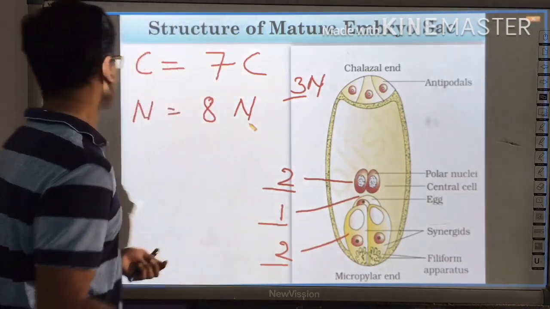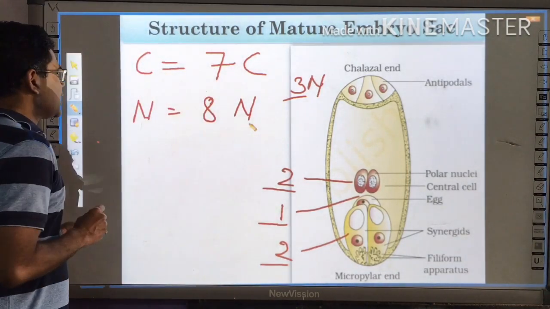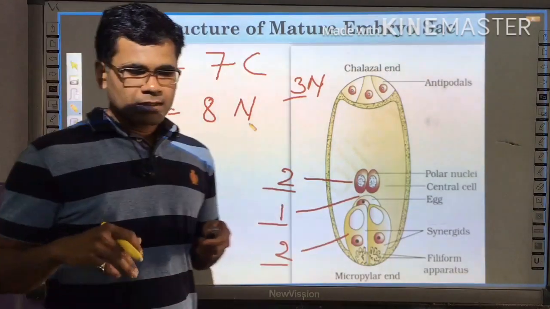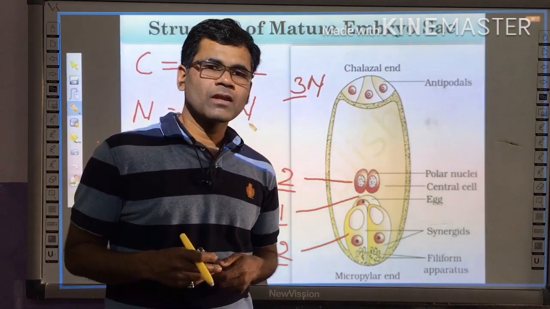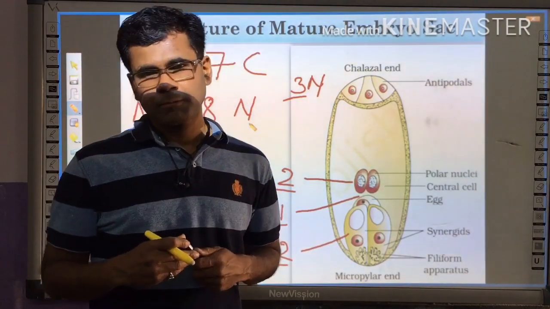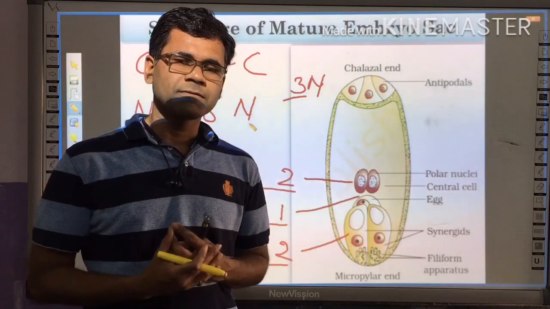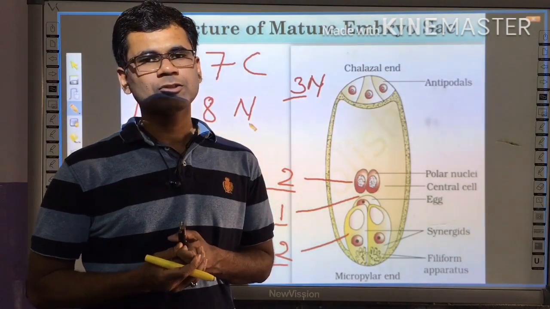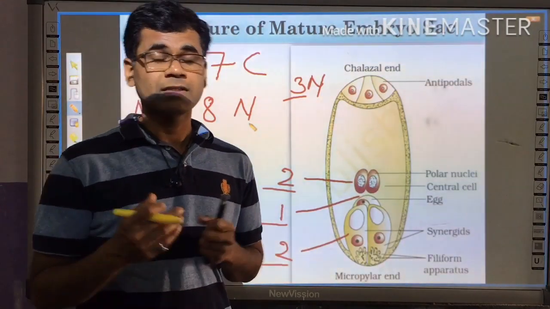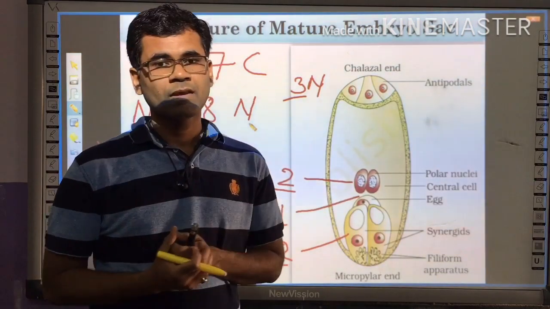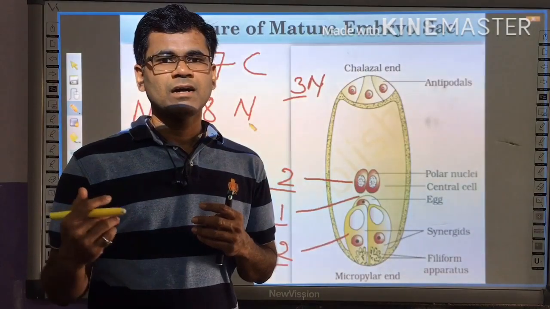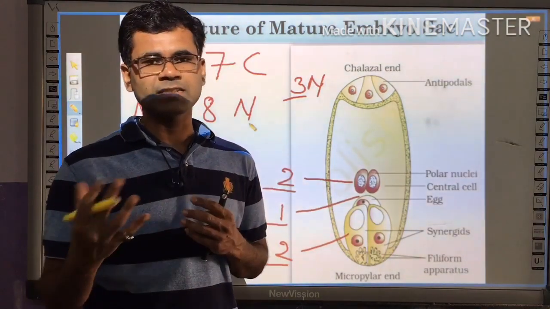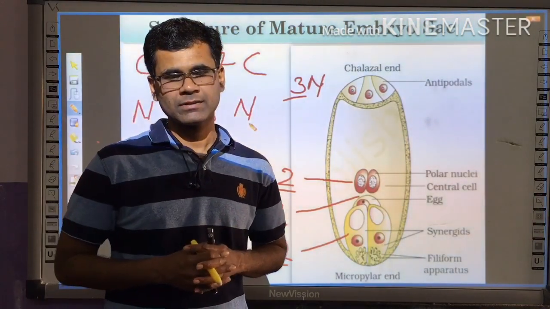Now, in the next video lecture, we will discuss the other topics left, that is pollen grain formation, pollination, various modes of pollination, and how cross pollination is different from self pollination.